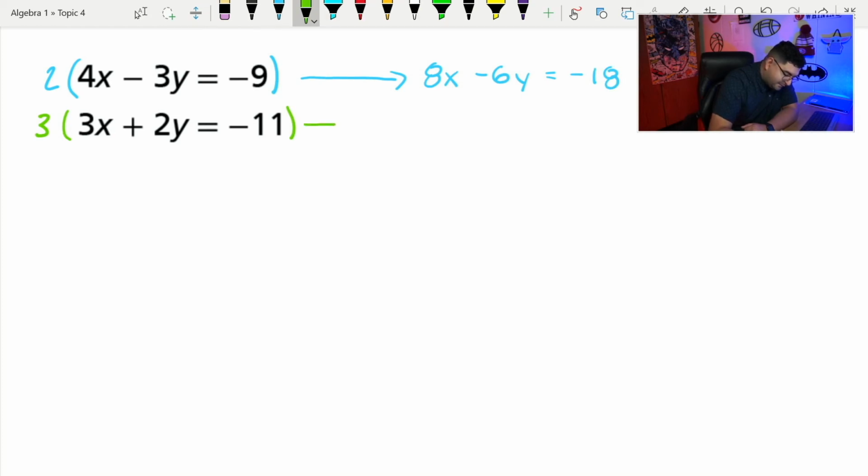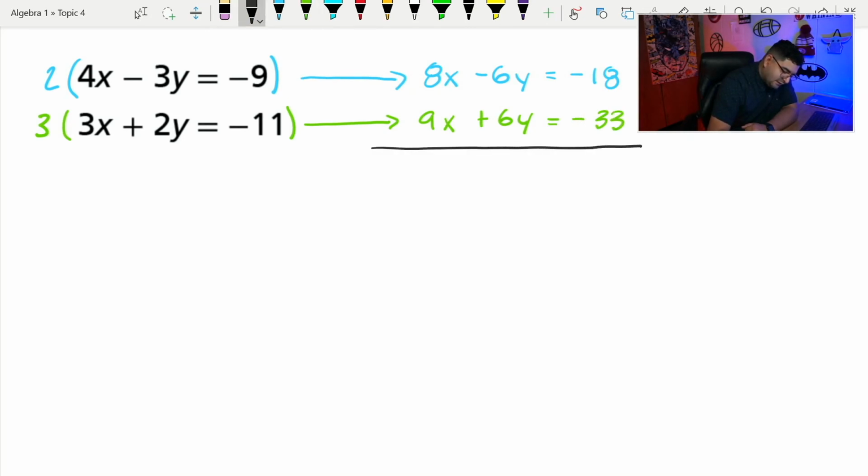And on the bottom, we would have 3 times 3 is 9x. 3 times 2 is a positive 6y. And you can see here, this is why we're doing this. I got my y's to both have the same number with opposite signs. 3 times -11 is -33. And now I can combine these. Now I can add them.